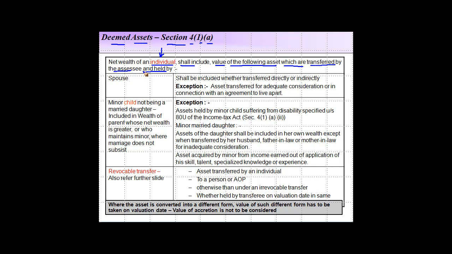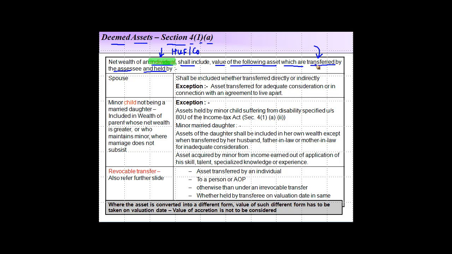So the first thing is this is applicable to the net wealth of an individual. It's not applicable to HUF or companies. And this you will also see once you get into the details of the kinds of transfer we are talking about. Shall include value of the following assets which are transferred by the assessee.